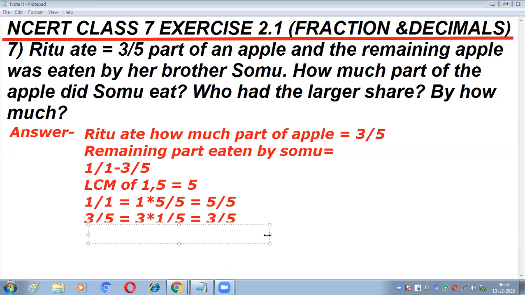Okay, 5 by 5 and 3 by 5, we have got it. Now we will just subtract 5 by 5 minus 3 by 5. So 5 minus 3 divided by 5 is equal to 2 by 5.